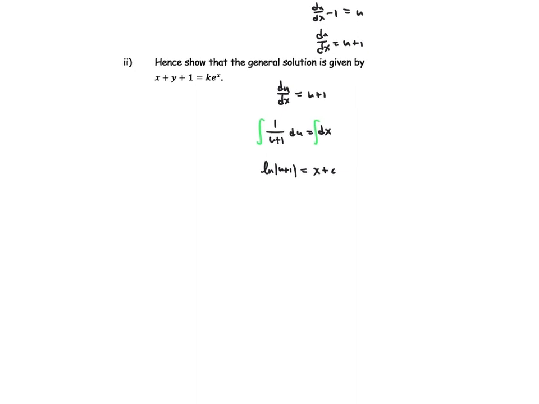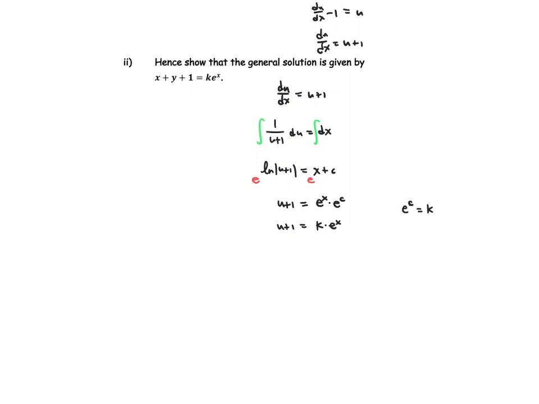All right, so I'm going to take e to the power of both sides. What that does on the left side is that leaves me with u plus 1. And e to the x plus c is the same as e to the x times e to the c. Now, I'm going to consider e to the c some constant k. So I should have u plus 1 is equal to k times e to the x. I like that.